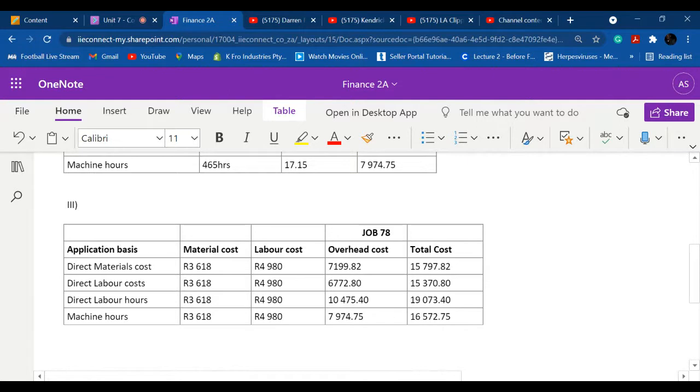So then you know you need to times them in order to get the material cost. Does that make sense? If they tell you, okay, we use X amount of labor hours, the cost per labor hour was 10 rand. You then do the same thing. And then obviously you just add it and you get your total cost for the job. Okay? So that's how we typically do it.